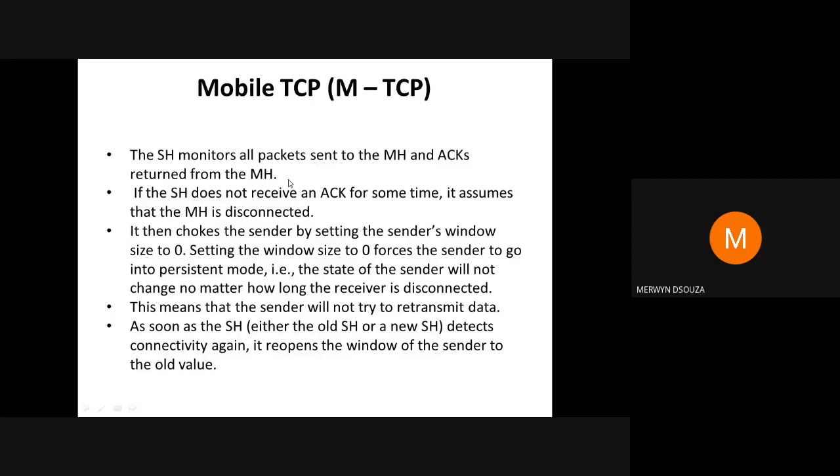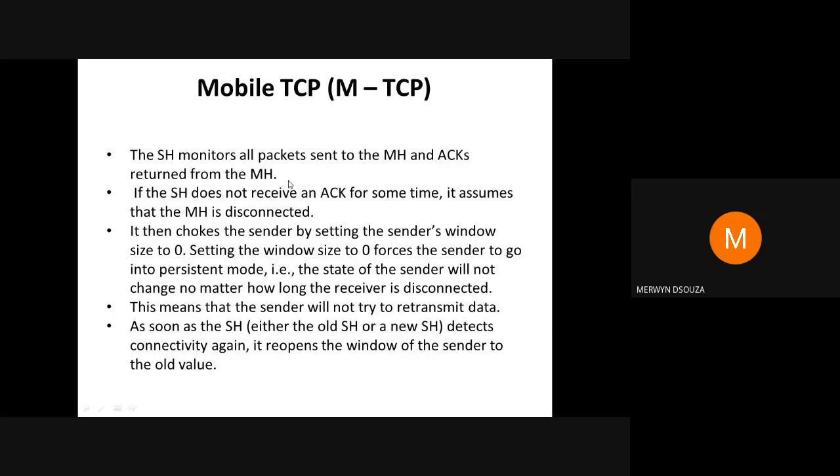Again I'll repeat, the SH monitors the packets in both the directions. It monitors all the packets sent to the MH, and also it monitors all the acknowledgements returning from the MH. If the FA does not find the acknowledgements coming within a certain period of time, then it assumes that the mobile host is disconnected.